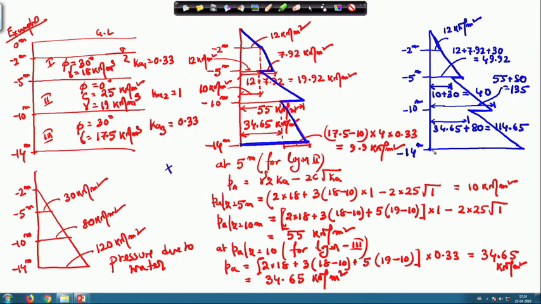And the final one, this total, will be 34.65 plus 9.9 plus 120. So, this value is 164.55.